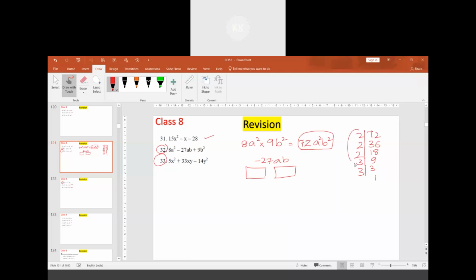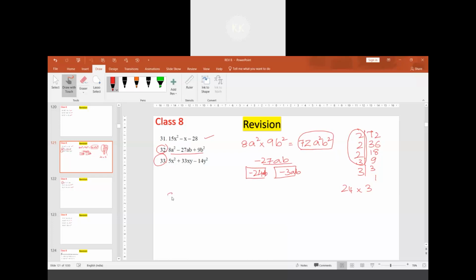So you are taking this particular thing as one group, this is 24 and the remaining is 3. If both are taken as negative, we get the sum as minus 27 and the product will be positive 72. If ab is taken along, then the sum becomes minus 27ab and the product becomes 72a square b square. So this is the logic behind solving this question.